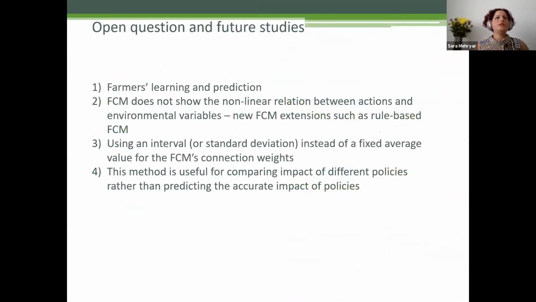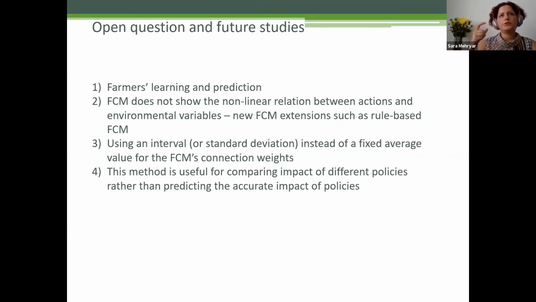Like any other model, there are some limitations with our model as well. We don't, for example, take into account the farmers' learning and prediction, how they interact with each other and how that may impact their decision making. The other thing is that standard fuzzy cognitive maps usually don't show the non-linear relationship between the nodes.